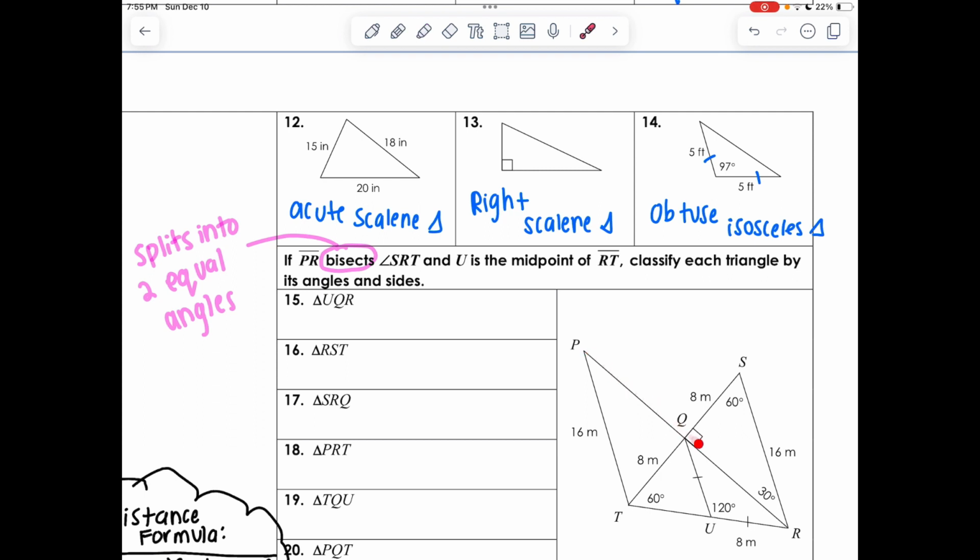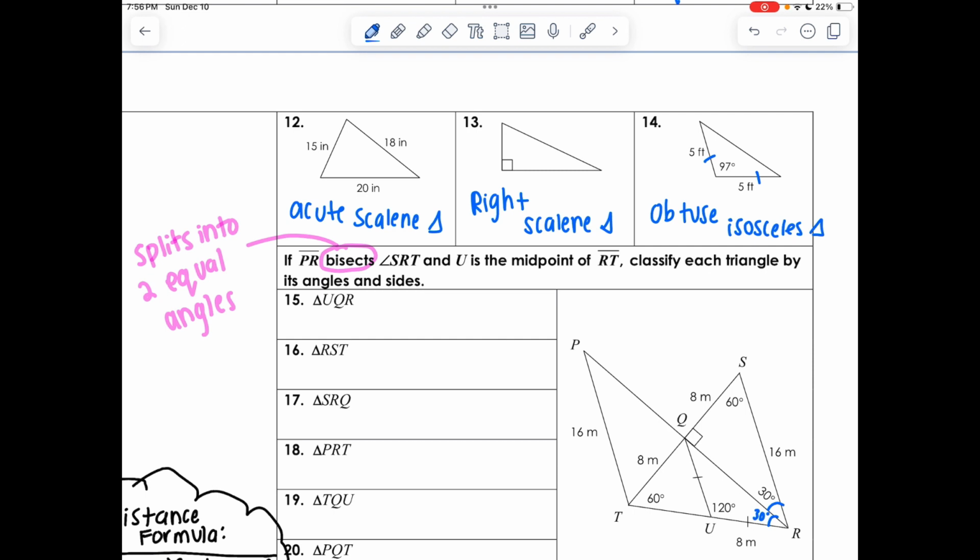If PR, this whole line, bisects SRT, so this line splits this angle into two equal pieces. That means if this is 30, this is 30 also. So let me write 30 in here, because bisects means that that will also be 30 degrees.